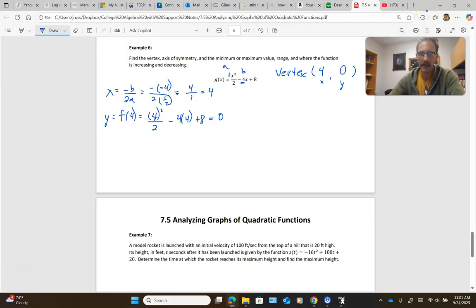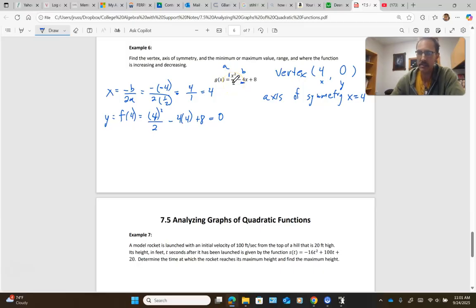Alright, so our axis of symmetry will be x equals 4. Is this function going to be a maximum or a minimum? Well, what's the orientation of this parabola going to be? A here is a positive.